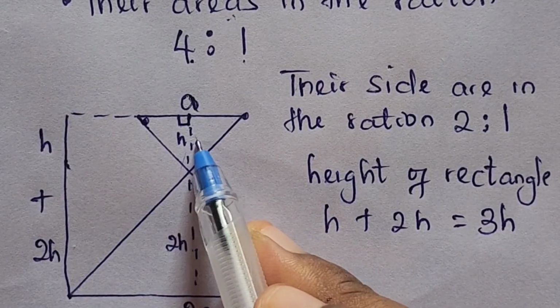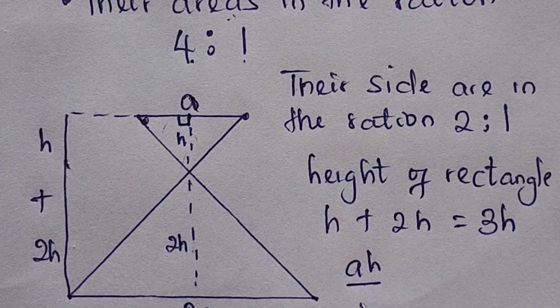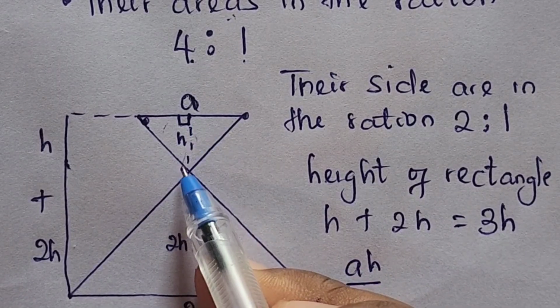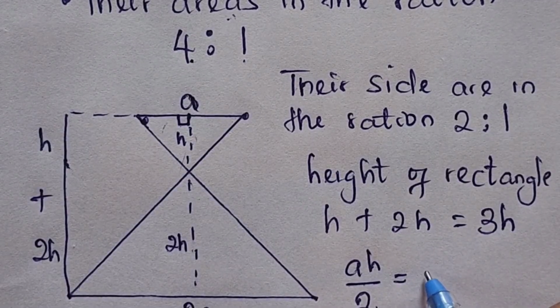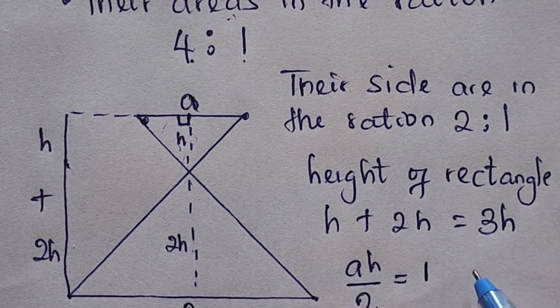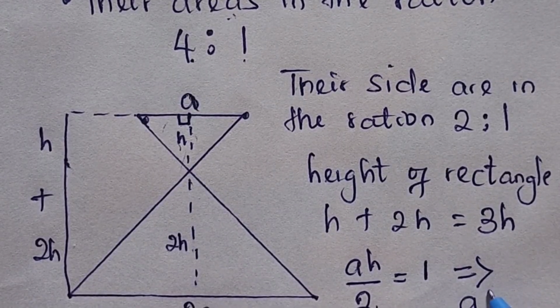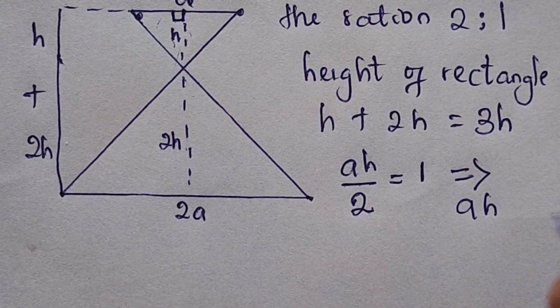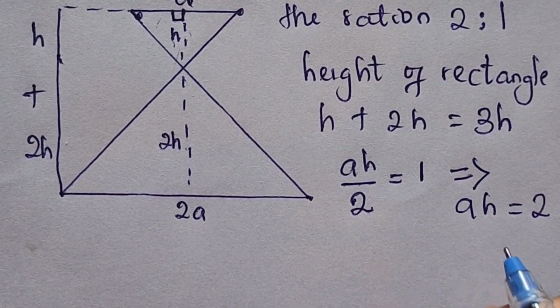We can use this small triangle to get the formula: ah over 2, which is the area of this small triangle, to be equal to 1, which is the area. So this will give us ah to be equal to 2 when we cross multiply.